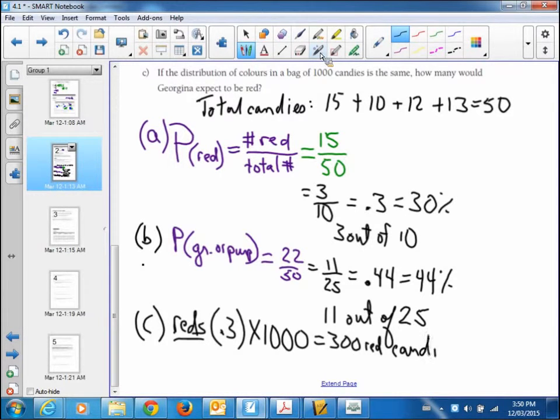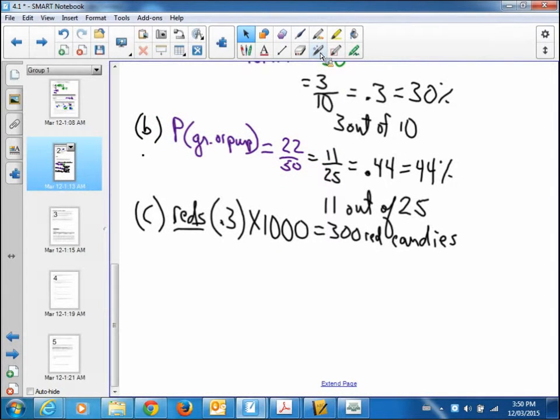Why does that work? That works because this decimal 0.3 is really a fraction out of 1. If you say 0.3 candies are red out of 1 total, which doesn't make sense, but multiplying-wise works that way, and then you multiply it by 1,000.